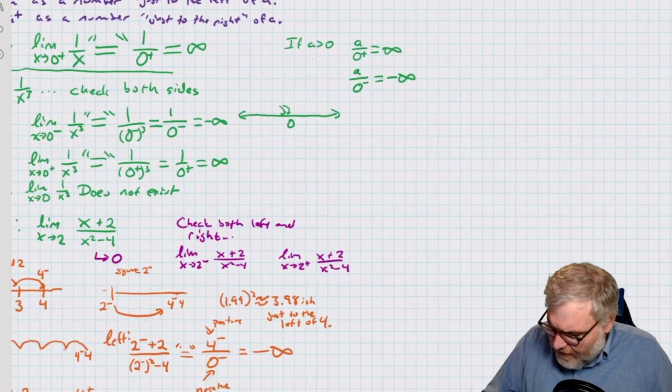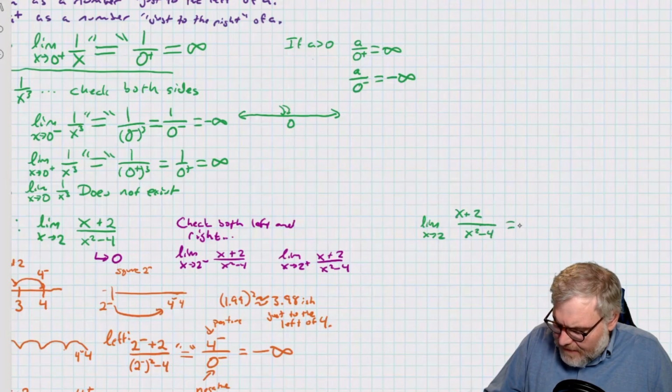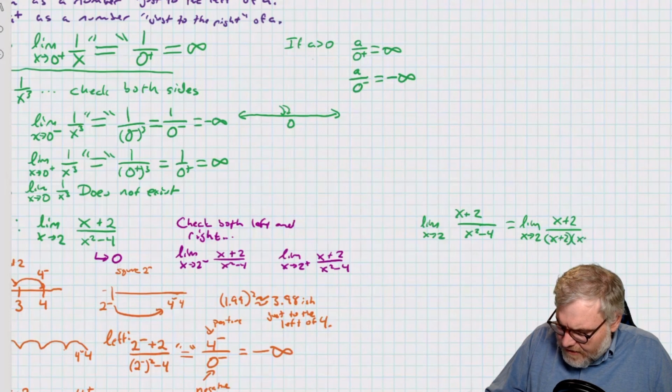The limit as x goes to 2 of x plus 2 over x squared minus 4 is the same thing as the limit as x goes to 2 of x plus 2 over x plus 2 times x minus 2, which equals 1 over x minus 2, with the limit sign in front.